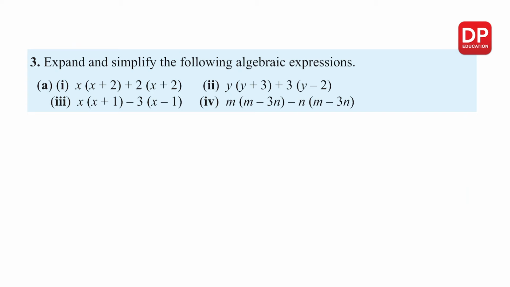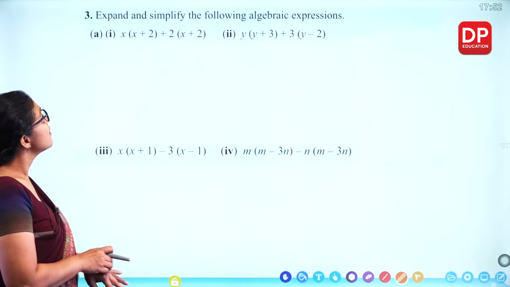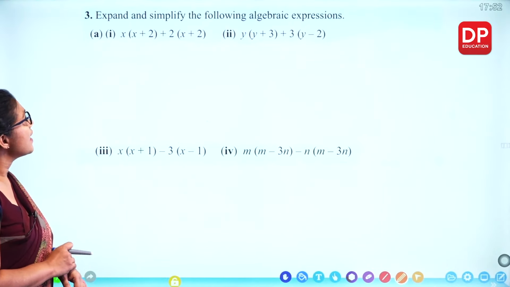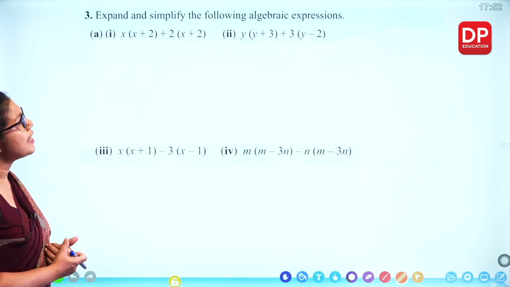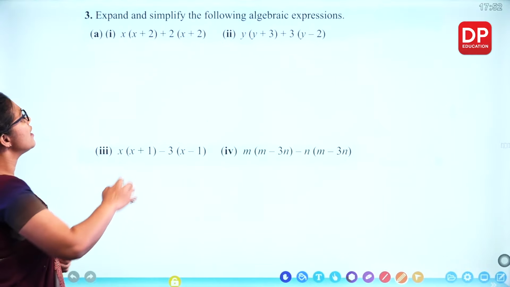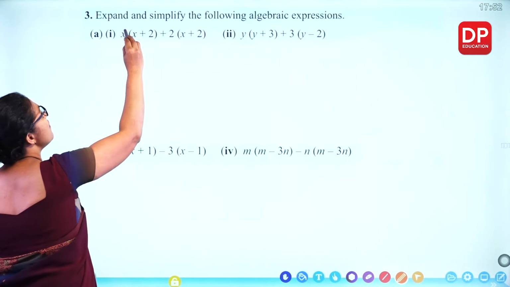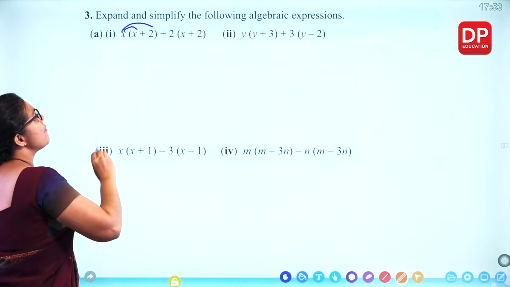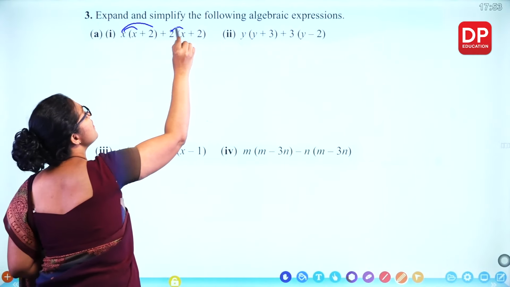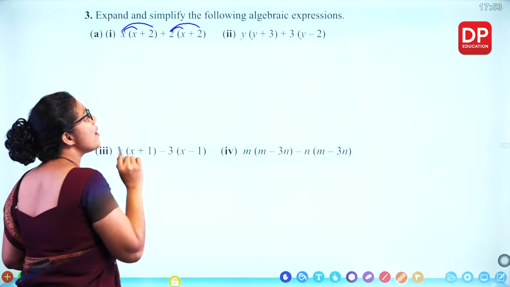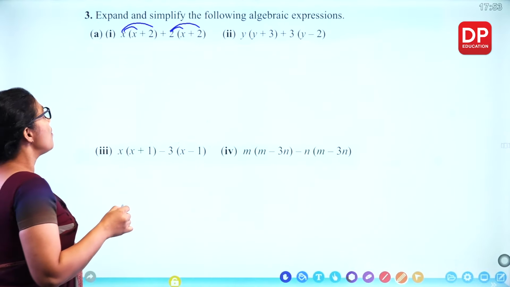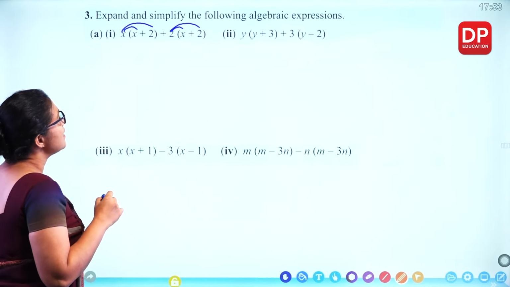Now we'll see what we have in the third question. Expand and simplify the following algebraic expressions. Here you get 2 expressions and then you have to simplify. Here, same thing, when you have a number outside, you have to multiply it with all the inside numbers.